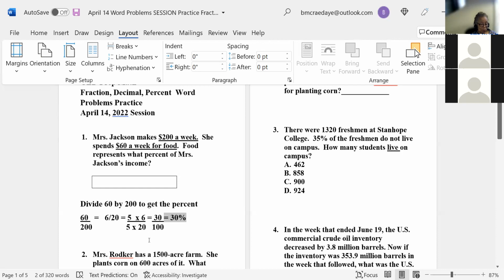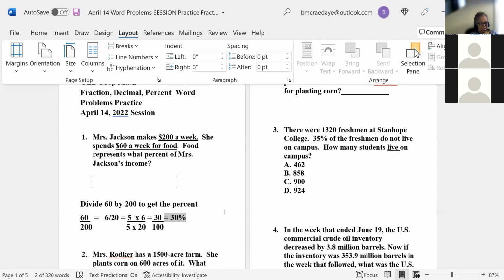Then you have 30 over 100, which is 30%. And you don't have to work with decimals. Because when you do it this way, you actually minimize your errors, because decimals tend to make people more error prone. So we try to stay away from them when we can, because it's easier to work with whole numbers versus decimals.